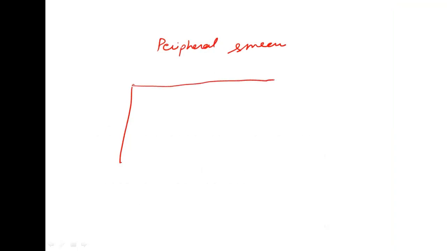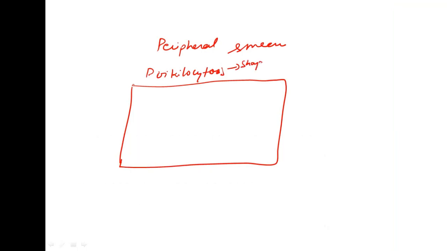Then we'll discuss the peripheral smear of beta thalassemia. In the peripheral smear of beta thalassemia, there is poikilocytosis, that means change in the shape.